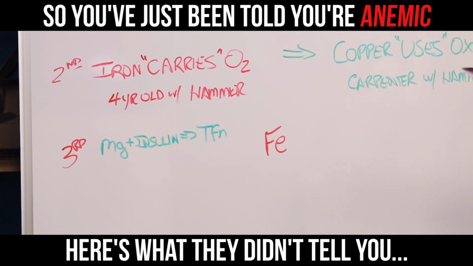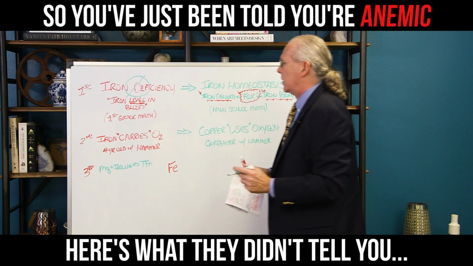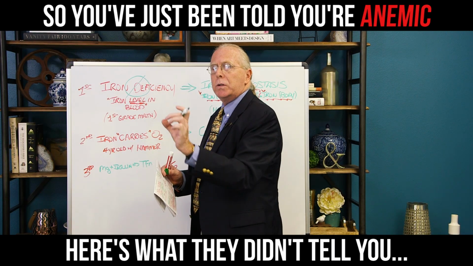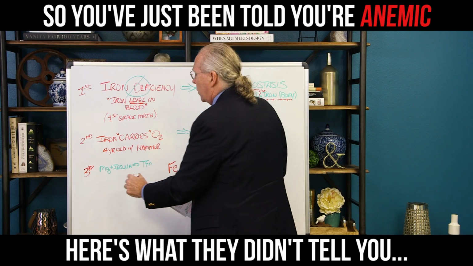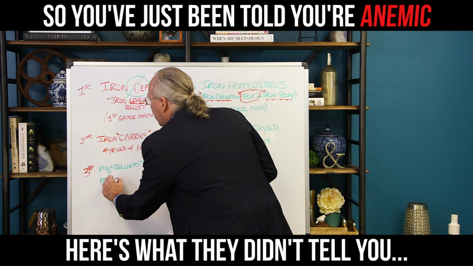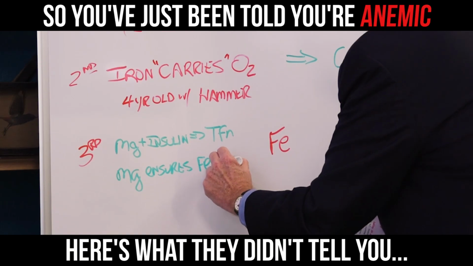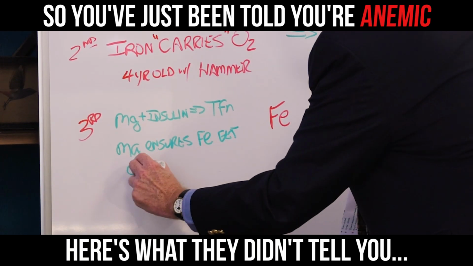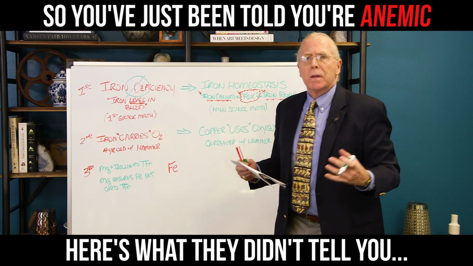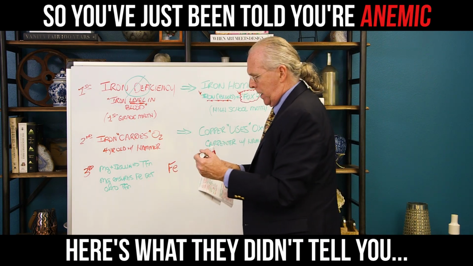You can't make transferrin if you don't have magnesium and insulin. Secondly, to actually put iron onto transferrin, which is one of the most important things that happens in the body, is magnesium ensures iron gets onto transferrin. Iron doesn't do this by itself. There's another mineral that's involved.